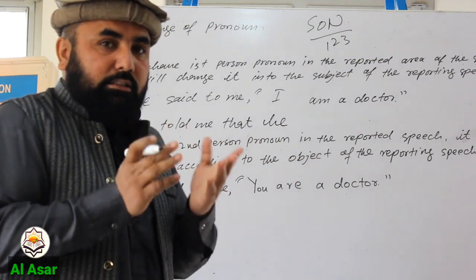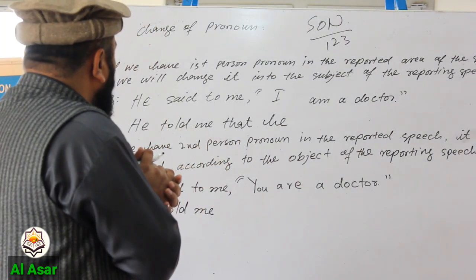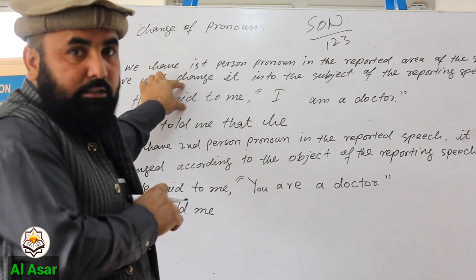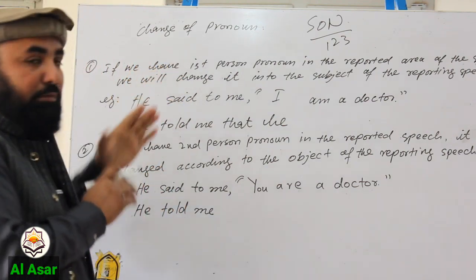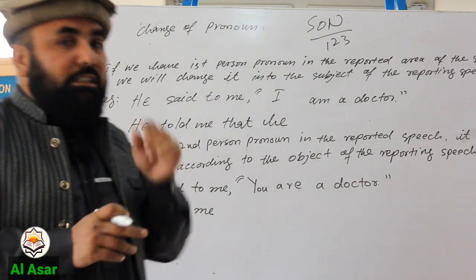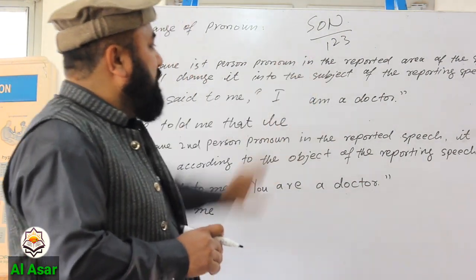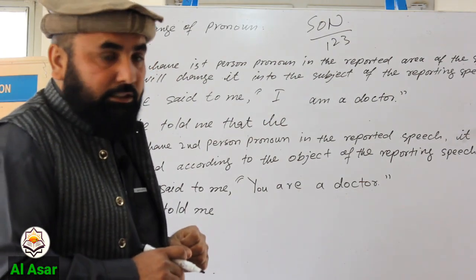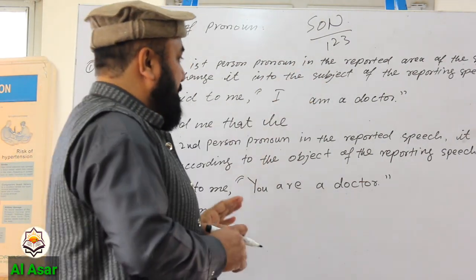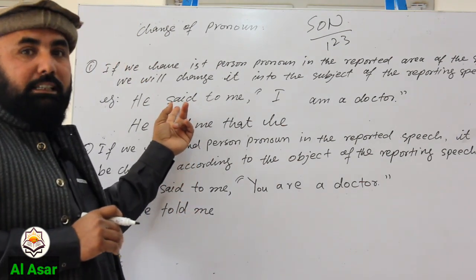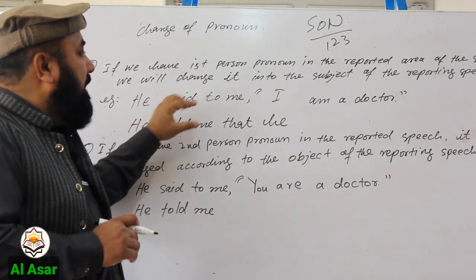Change of tense will also be used here because this portion is in the past indefinite tense. If this portion is in future indefinite or in present indefinite tense, then the tense of this portion will not be changed. It will remain the same. But here the case is different. We have past indefinite tense in the reporting area.